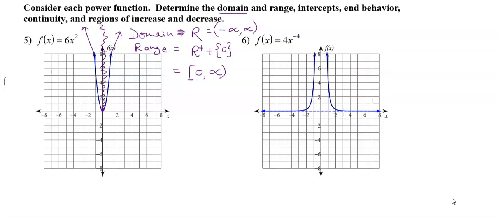Now we have to find the intercepts. By looking at the graph we know that the x-intercept is 0 and the y-intercept is also 0. End behavior means when x tends to infinity, how does the function behave?